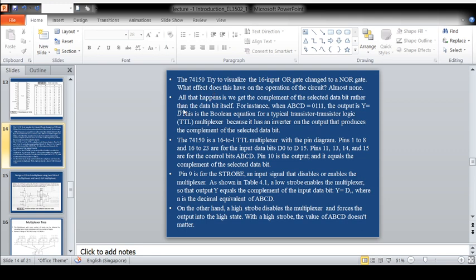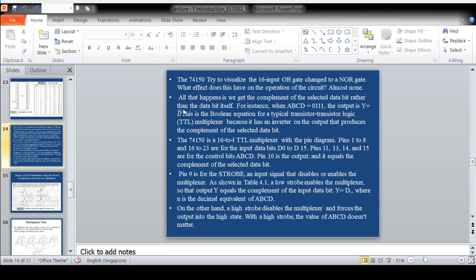What effect does this have on the operation of the circuit? Almost none, except the output is not going to be the selected data input, the output will be the complemented selected data input. So if you consider that D0 is selected, that means the output is not going to be D0, but D0 bar, or the complement of D0, will be there. So if D0 is 0, the output will be 1.